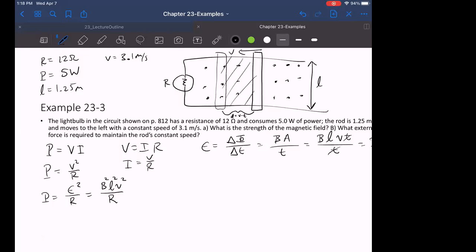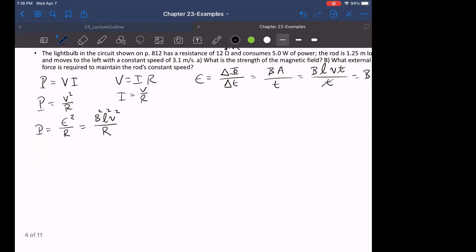From there, we can solve for B, because we know L, we know V, we know R, we know P. So B is equal to the square root of PR over LV. And that's what B is.